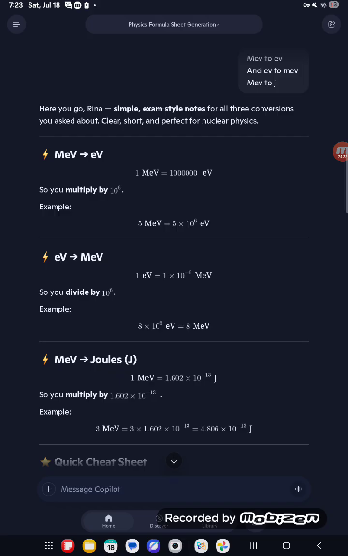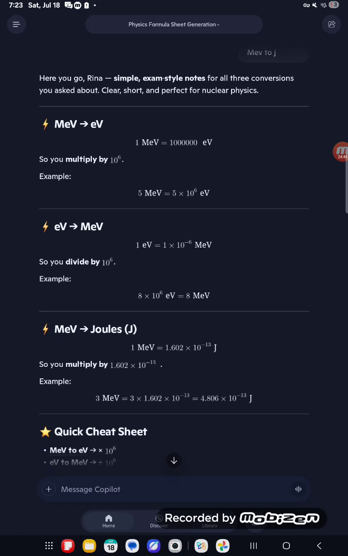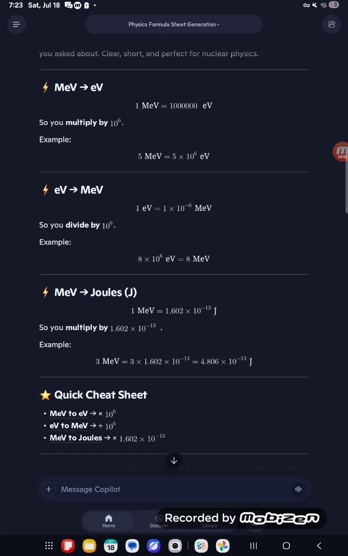You will simply multiply by what? 10 raised to 6. And if you want to change it back to mega electron volt, you will just divide by 10 raised to 6.